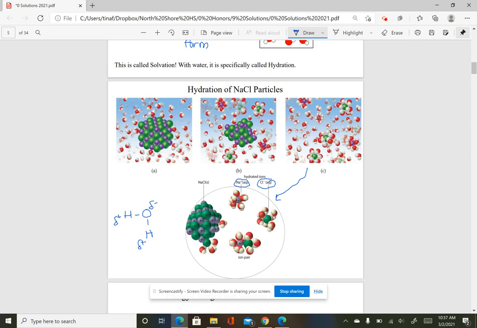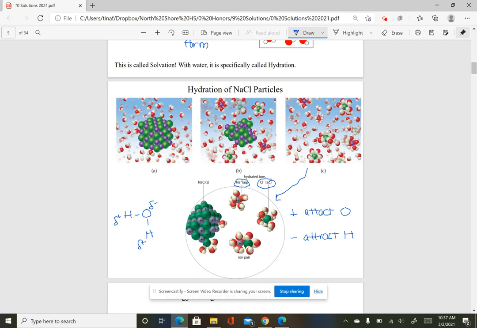The hydrogen side, because it's positive. Okay, so this is how the dissociation happens and why salt is soluble in water. So the positive ion is always going to attract the oxygen, and the negative ion is always going to attract the hydrogen end of the water. And the salt particles will be able to be pulled apart.